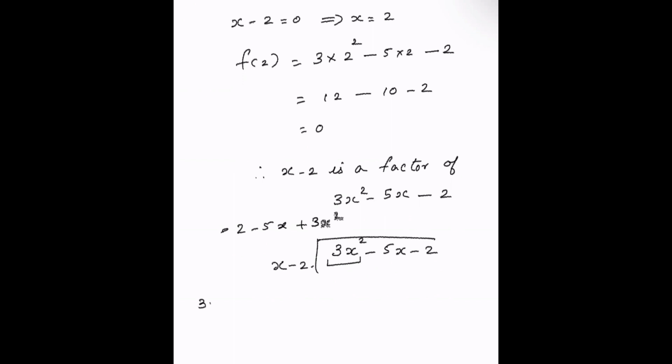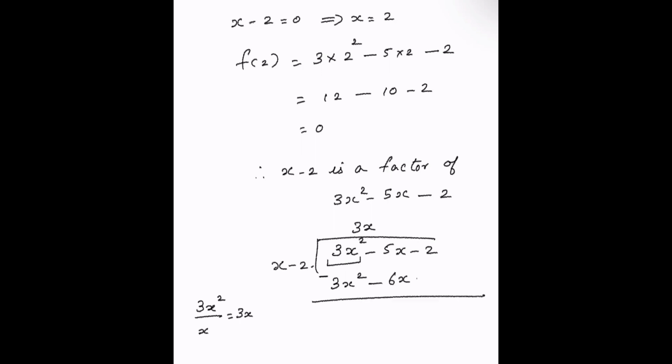Now take 3x square and divide it by the x term, coefficient x term. So this will give you 3x. So 3x comes. 3x into x is 3x square. Minus 3x into 2 is 6x. Subtract means just change the sign.